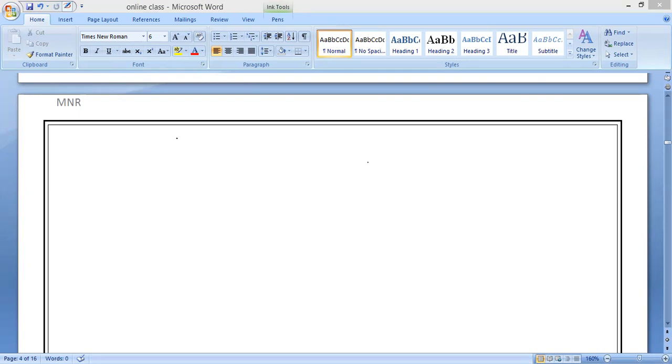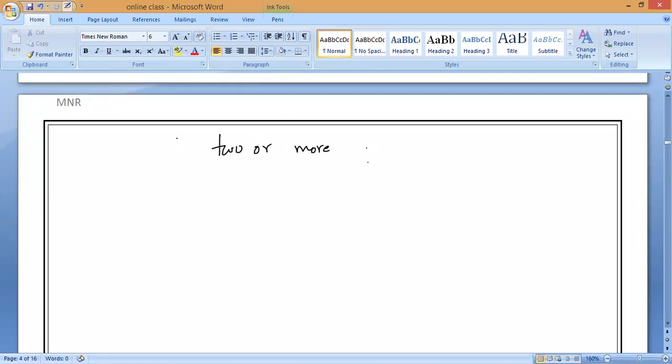What do you mean by mixture? We already studied it in the last class. A mixture is a substance which consists of two or more elements or compounds, that is, two or more pure substances. We have either elements or compounds, which we call pure substances.